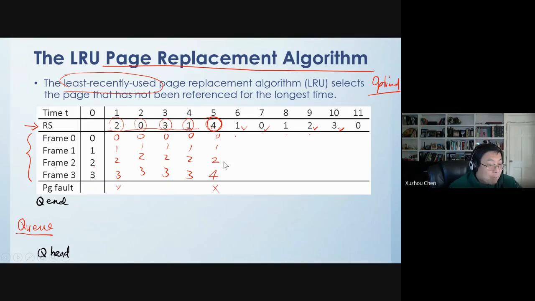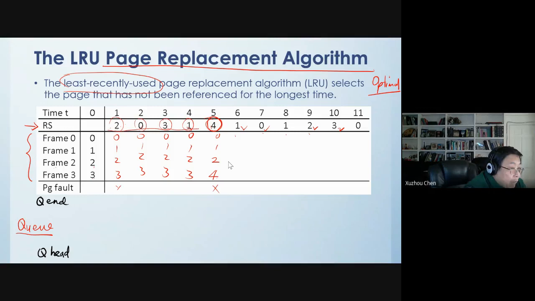We find out optimal is the best page replacement algorithm. However, optimal is not really feasible. It's not realistic because you have to have knowledge of the complete page reference string. That means we need to know which instruction will be called next.